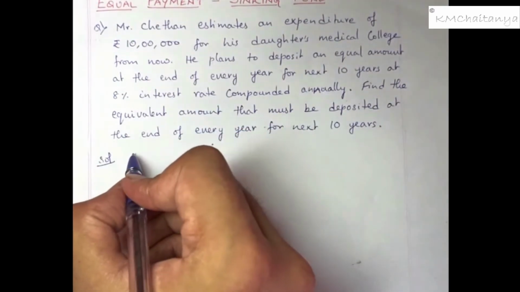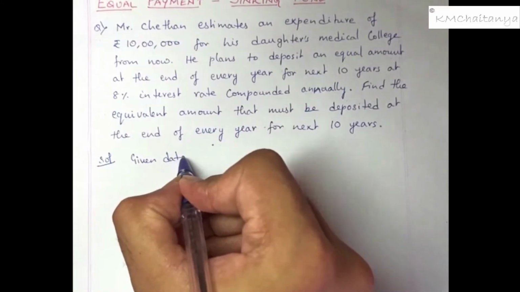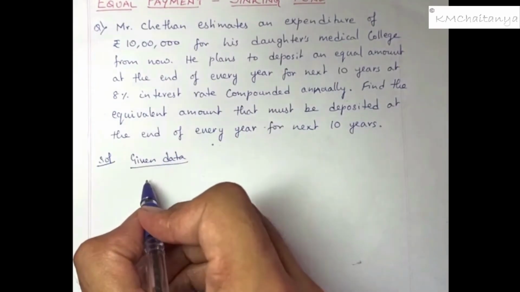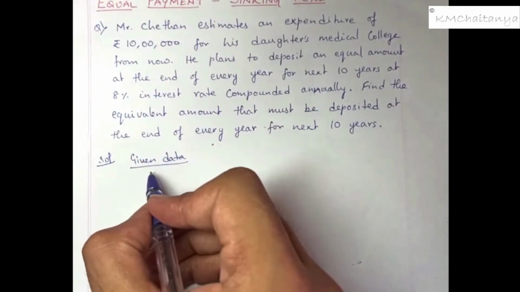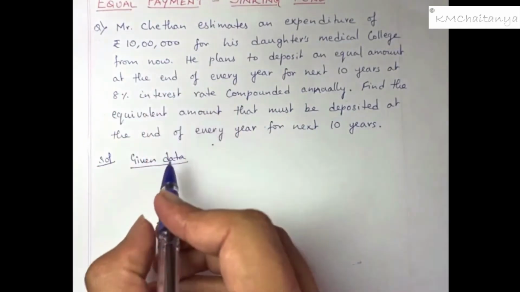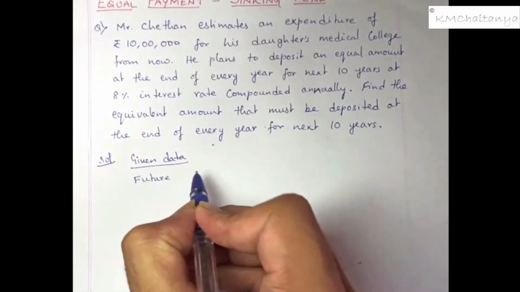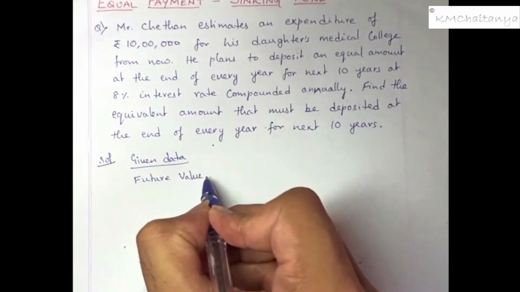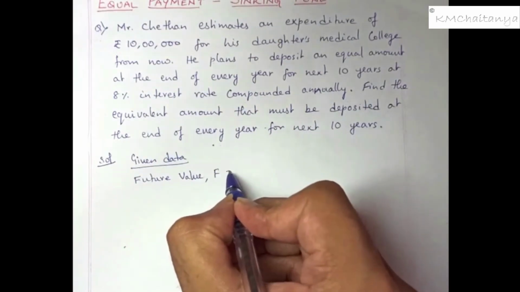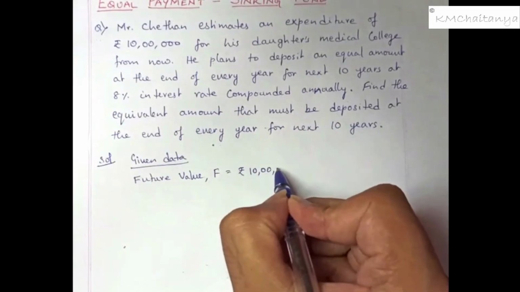We'll write down the given data. So we have the future value of Mr. Chetan, which is 10 lakh rupees. So future value, which is F, is equal to rupees 10 lakh.